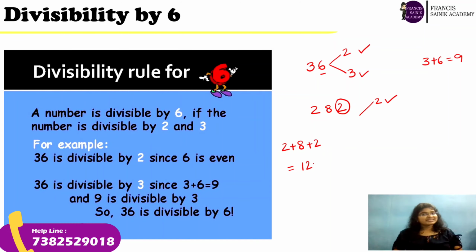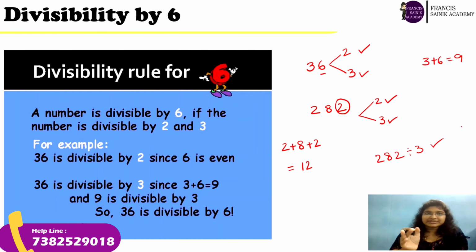Yes, 3 into 4 is 12. So, it is also divisible by 3. So, 282 is divisible by 6. To check the divisibility rule of 6, we have to check for 2 and 3. Both have to be divisible, then only the number is divisible by 6.